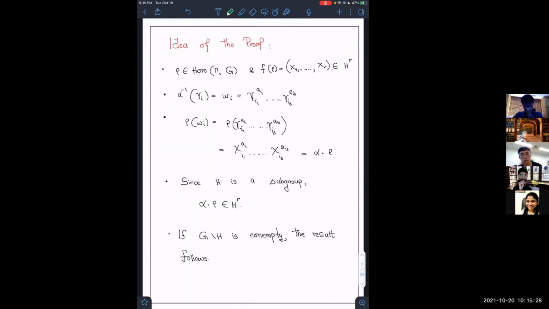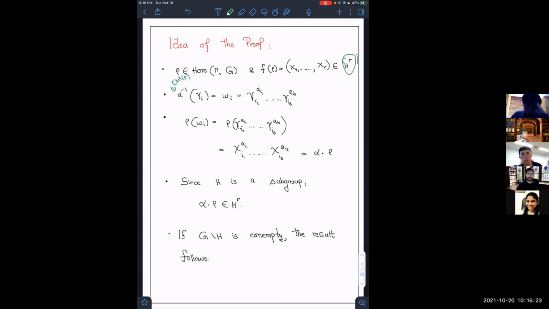The general idea of the proof is this. If rho is a homomorphism, and the image of rho under the evaluation map is x1 to xr, which, like I said, lands inside the r-fold product of the subgroup, and alpha is an element of Out(gamma), then alpha inverse of gamma i is some word w_i in the generators, indexed by i sub 1 to i sub s, with powers a sub i respectively.